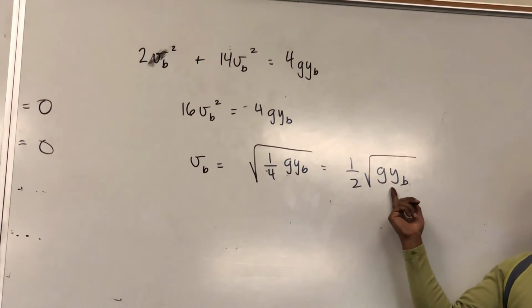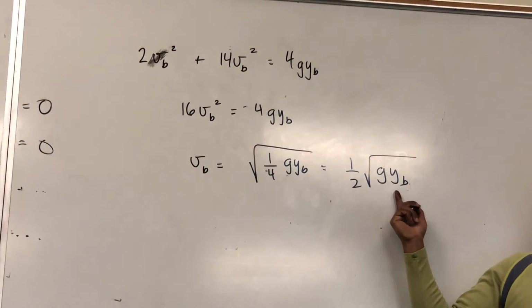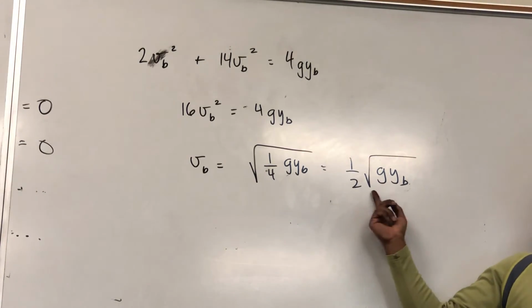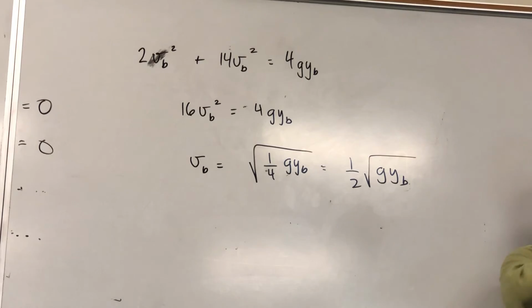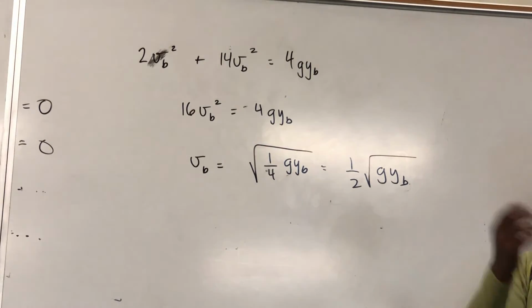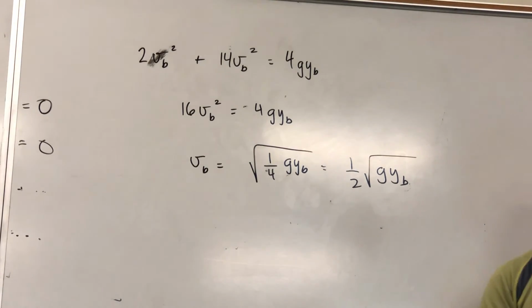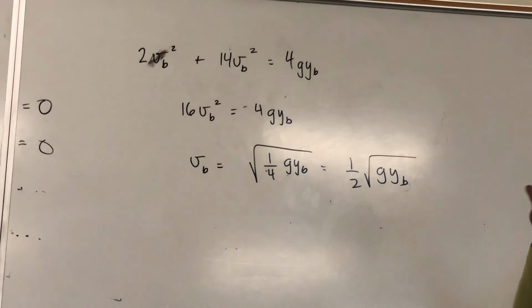You guys know my question. What's the answer? Yes, we've seen this before. Square root of G and a height underneath. That's why we solve in terms of variables. Yep, you've heard it before. If you use numbers, you wouldn't see the pattern.